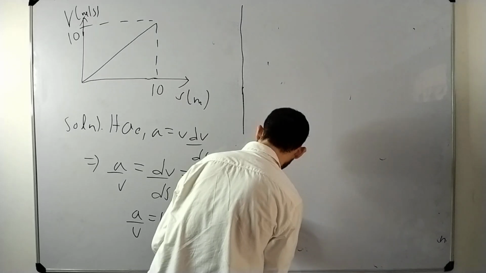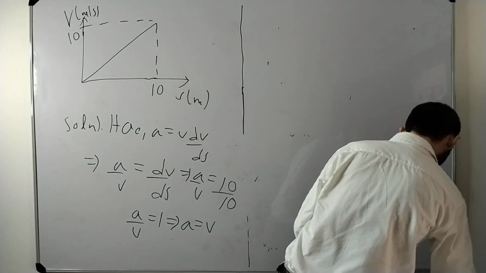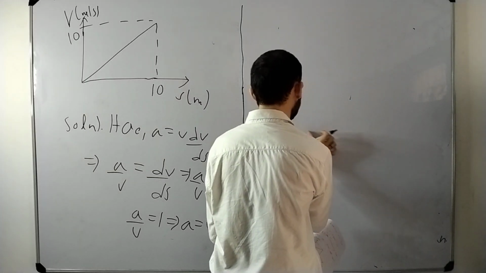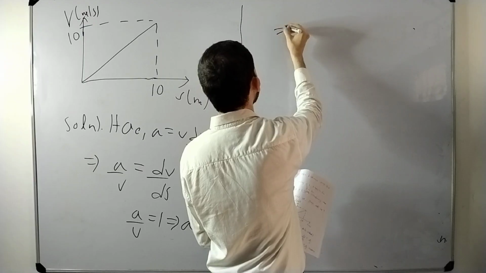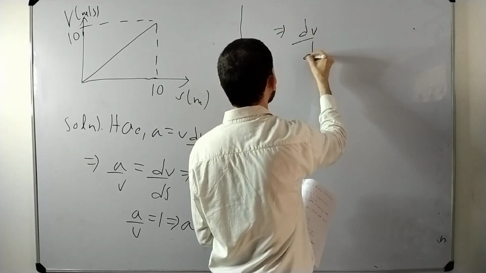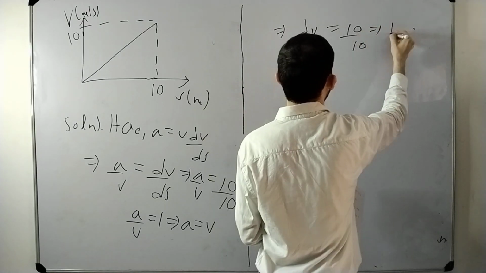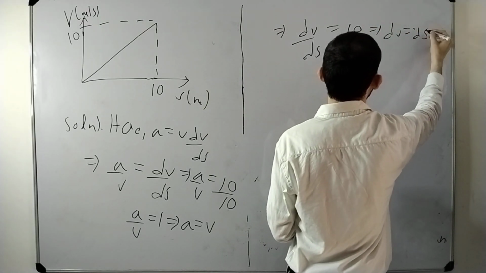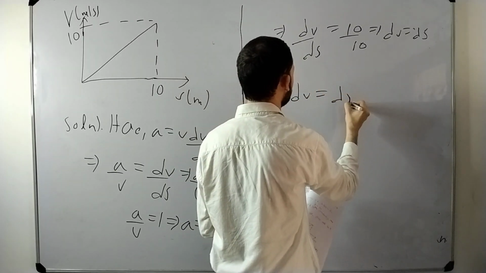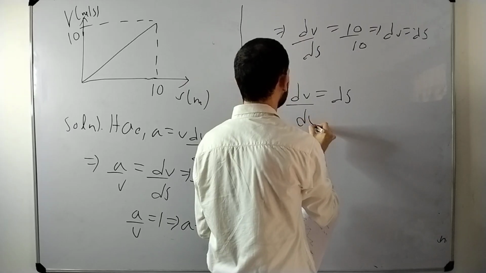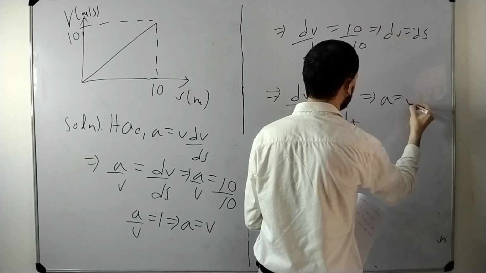Also notice, students, this can be done in this way also. dv upon ds is 10 upon 10. So dv upon ds, differentiating with time. Yes, the same thing, and acceleration is equal to velocity.